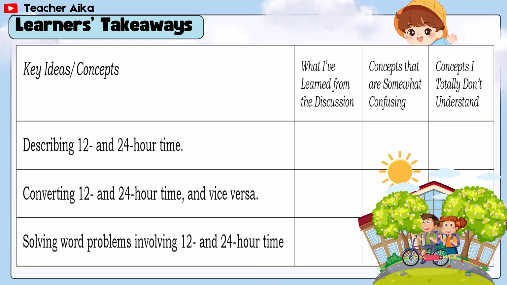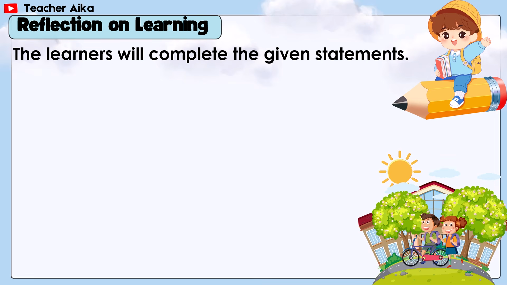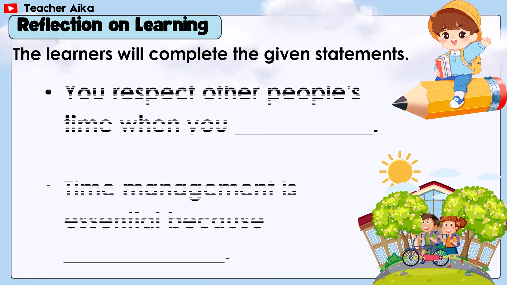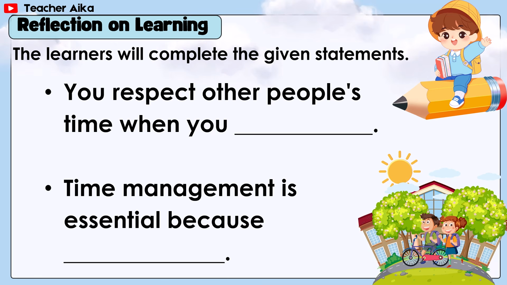And last, concepts I totally don't understand. Reflection on learning. The learners will complete the given statements. You respect other people's time when you blank. And time management is essential because blank.